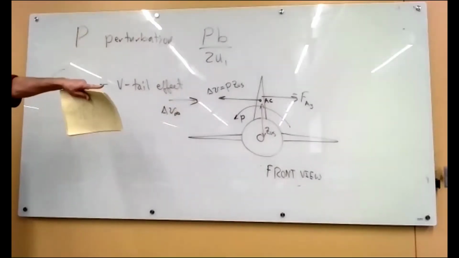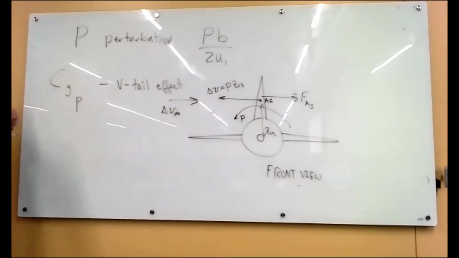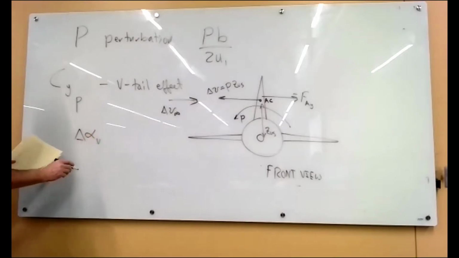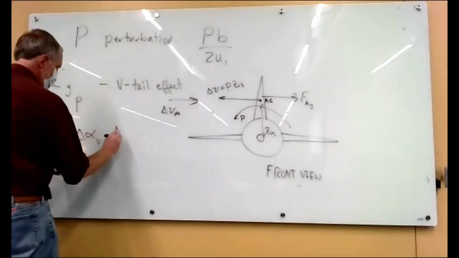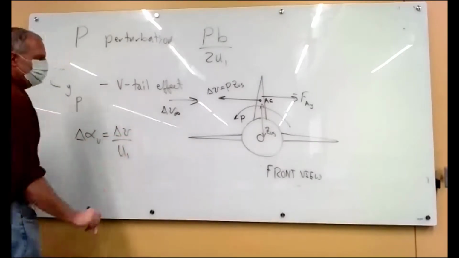So I'm trying to draw the motion of the tail there, which creates a relative wind coming in the opposite of it. And so we can calculate a delta angle of attack of the vertical tail as that side velocity divided by the forward velocity.